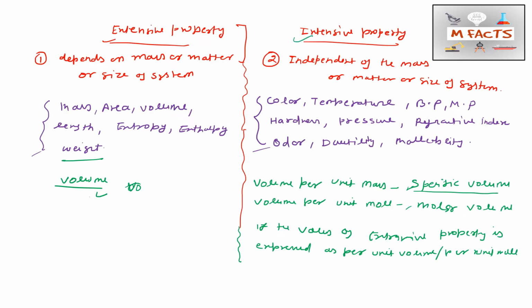Okay, so that's why I am writing this here. This is one term we have to remember: if you get specific values or molar values, that will be the intensive property.